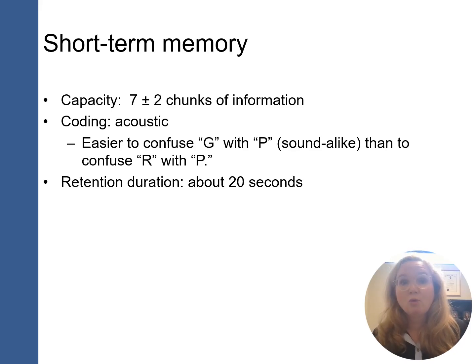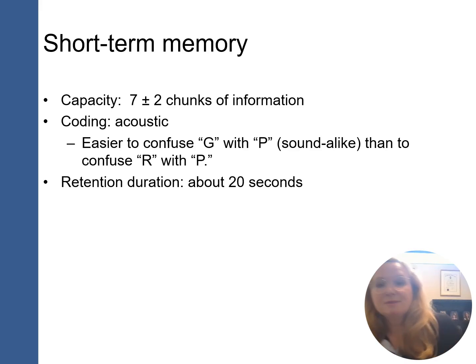What about short-term memory? We know from so many different studies, and you probably have this personal experience too, that the capacity of short-term memory is about 7 plus or minus 2 chunks of information, like a phone number. If someone tells you the phone number of the pizza place, you can hold that in mind and rehearse it a little bit in short-term memory.